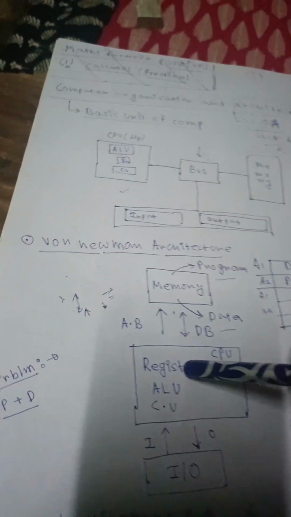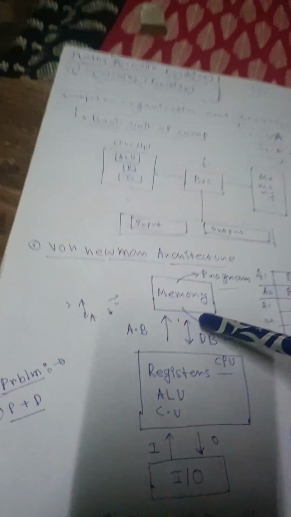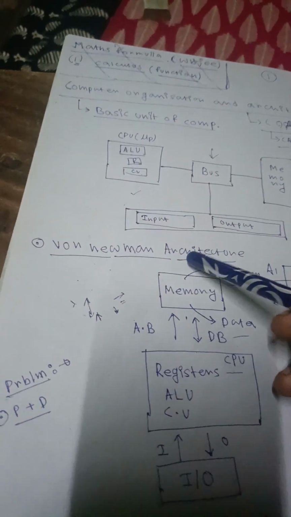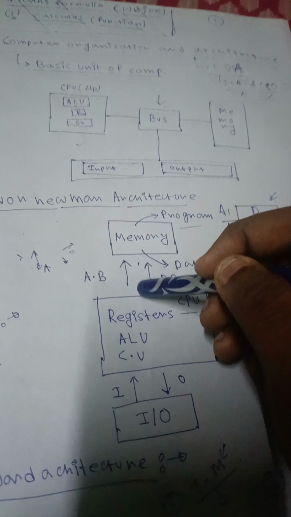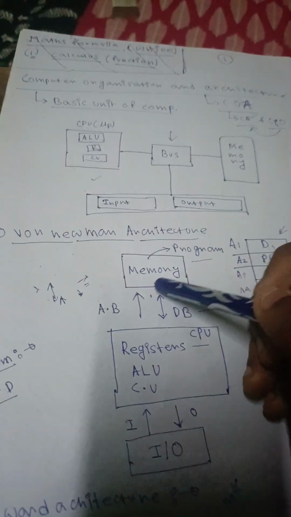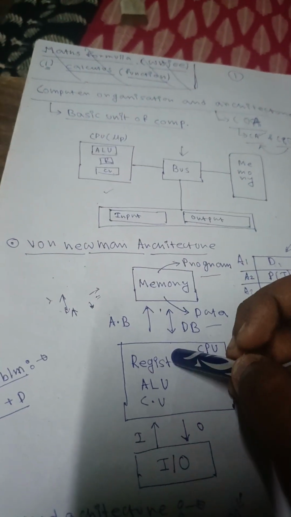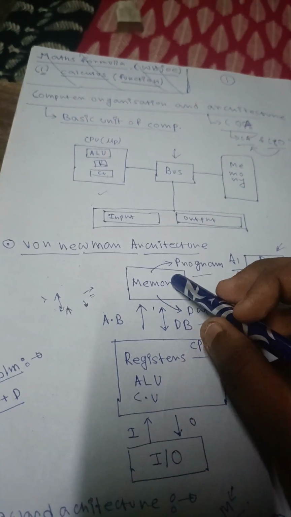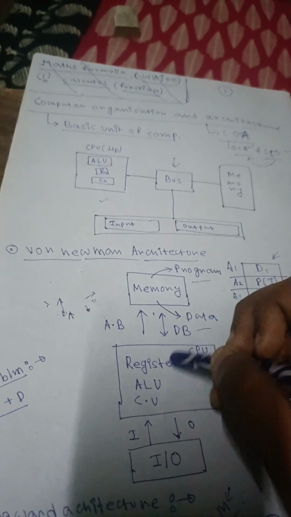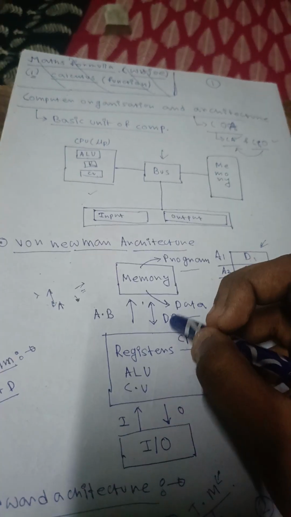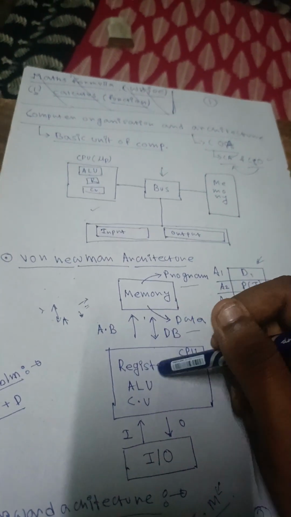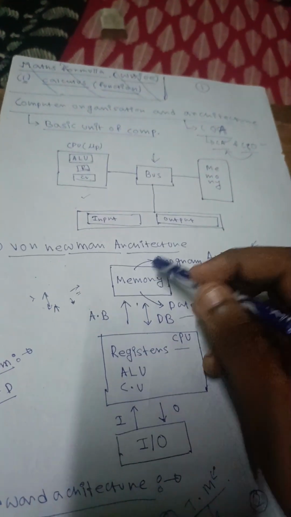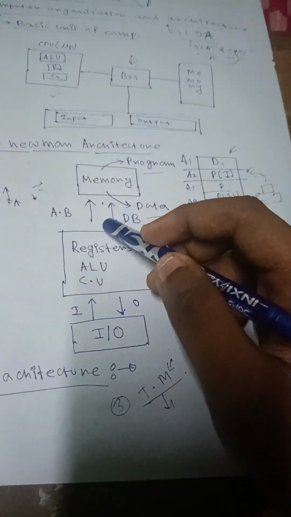So address goes from CPU to memory, but data goes from memory to CPU and CPU to memory. It is evident that it should be so, because if we have to read some data from the memory, the data should go from memory to CPU. If the processing is done in the CPU, the data should go from CPU to memory.